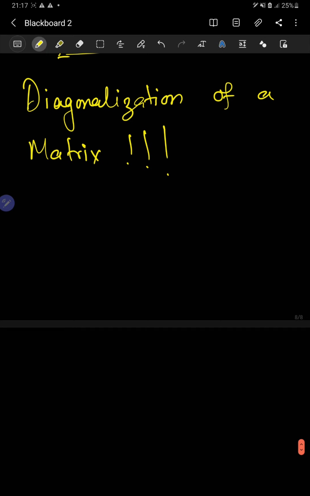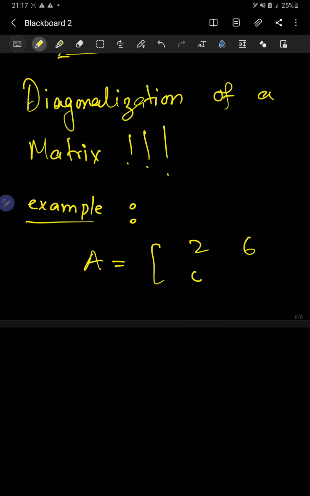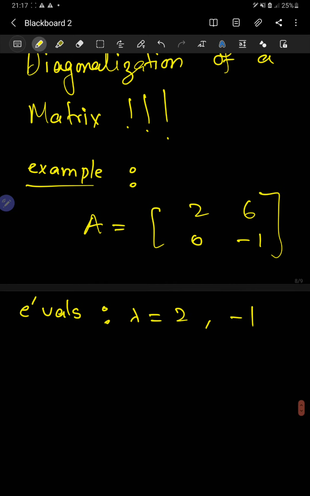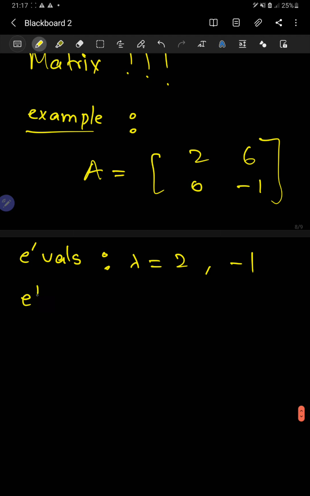Okay, so let's see an example of how things are done. Let's say you have a matrix A with entries like this. If you want to find the eigenvalues, you'll get something like this, and lambda equals 2 and minus 1.